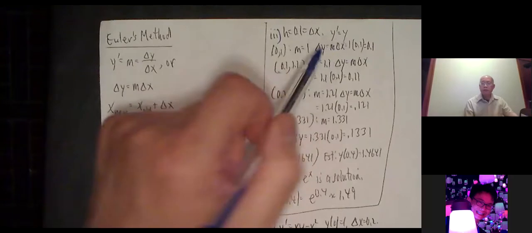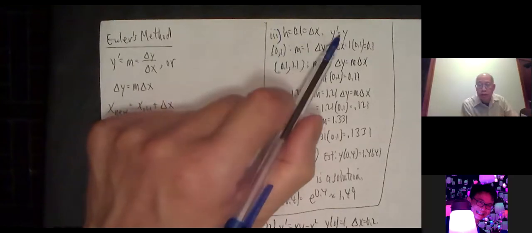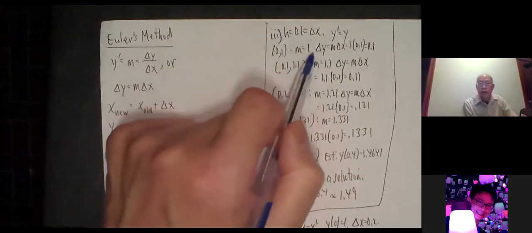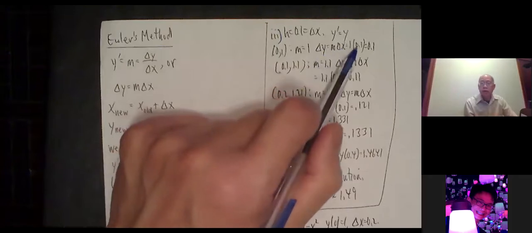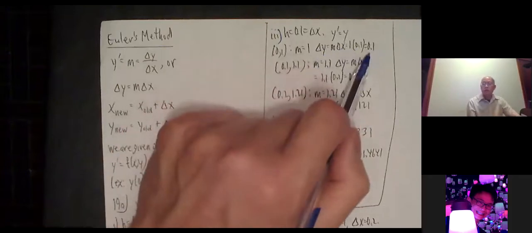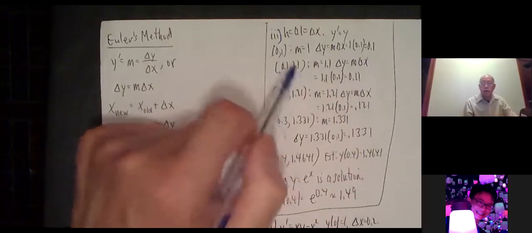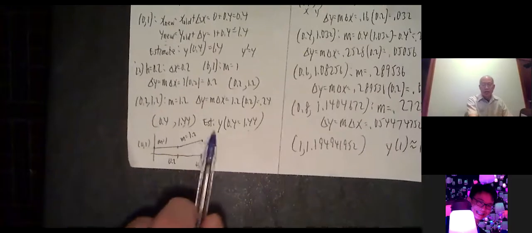So I keep doing the same thing. Slope starts off at 1 because y prime is just y. Y coordinate is 1. So slope is 1. I always do delta y equals m delta x. So 1 times 0.1, 0.1. After that, I write here the new ordered pair. Okay, I decided not to draw this picture anymore. You don't really need it, but it's going to change each time.